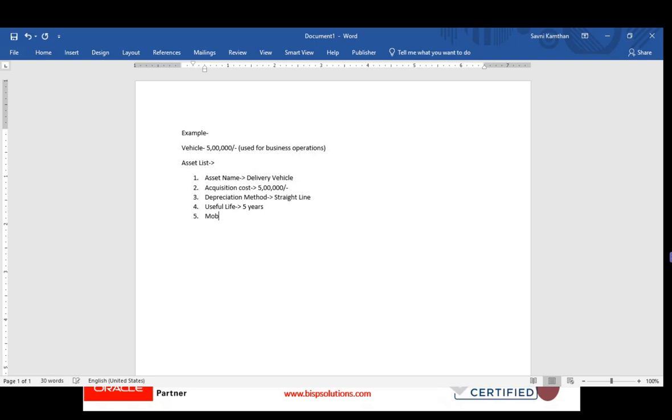And if we want to calculate depreciation on a monthly basis, the asset useful life is 5 years, and the depreciation is on the acquisition cost based on the straight line method. So 5 lakh divided by 5 years equals 1 lakh.